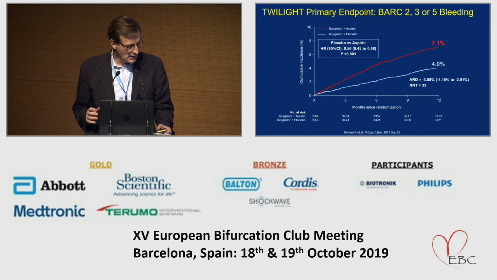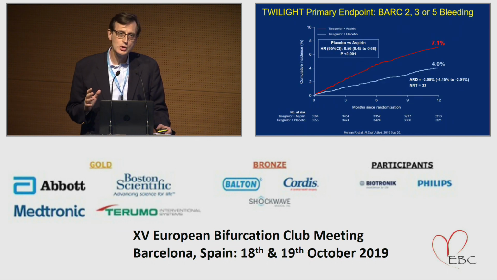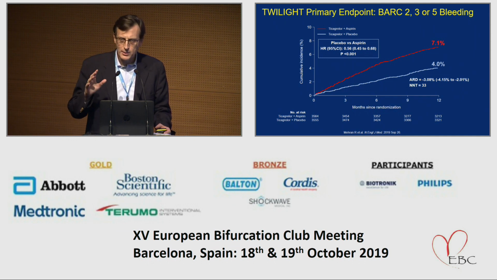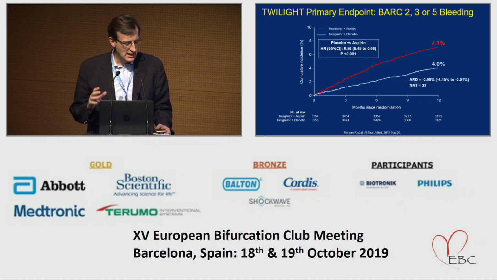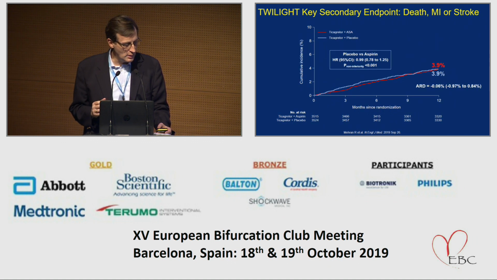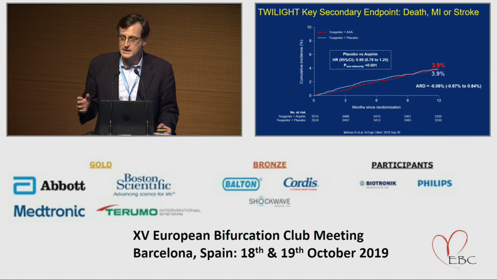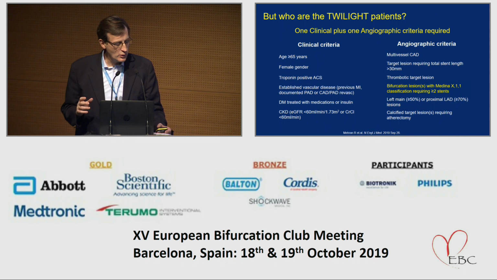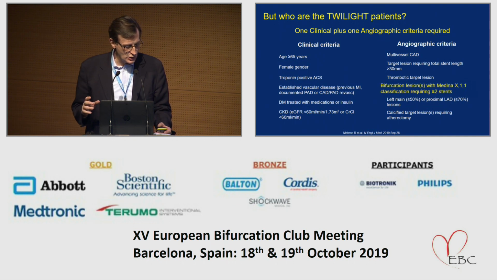In TWILIGHT, we saw that in patients with some elevated risks, the bleeding was a lot decreased with limiting the duration, quite frankly, to just a few months, and there was no penalty in ischemia. The question, of course, is who are these TWILIGHT patients?